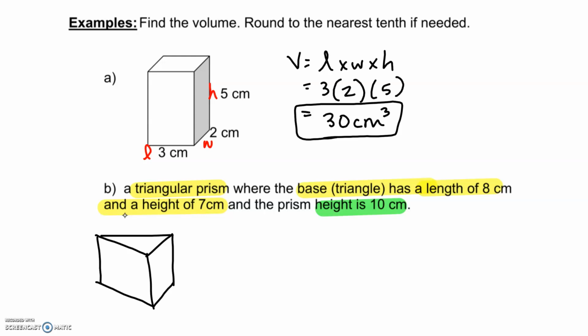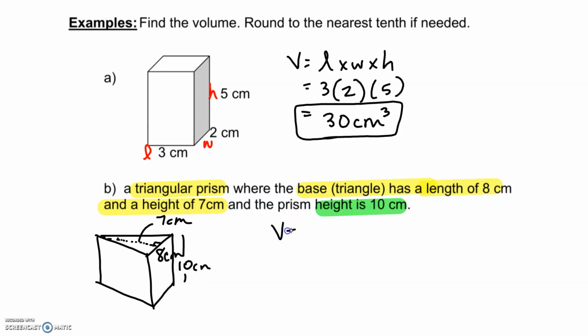So we said the base of the triangle is 8 centimeters. So I'm going to put that 8 centimeters right here. And then I'll put in the height of the triangle, which is going to be 7 centimeters. And then the height of the actual shape will be 10 centimeters, and that's from here to here. All right, now we do our formula.